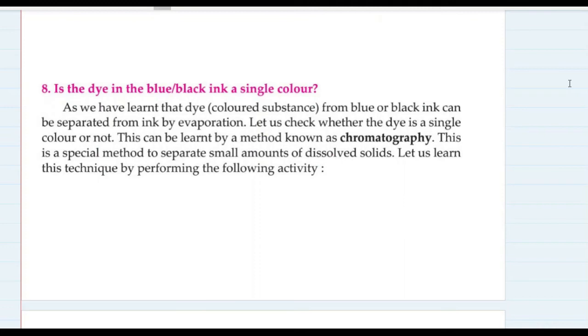But that solid residue is made up of which color? Is it made up of only blue color, only black color, or which color? Mixture of which color? We don't know that. So to understand what are the components in the dye, in the ink, we use the process of chromatography.